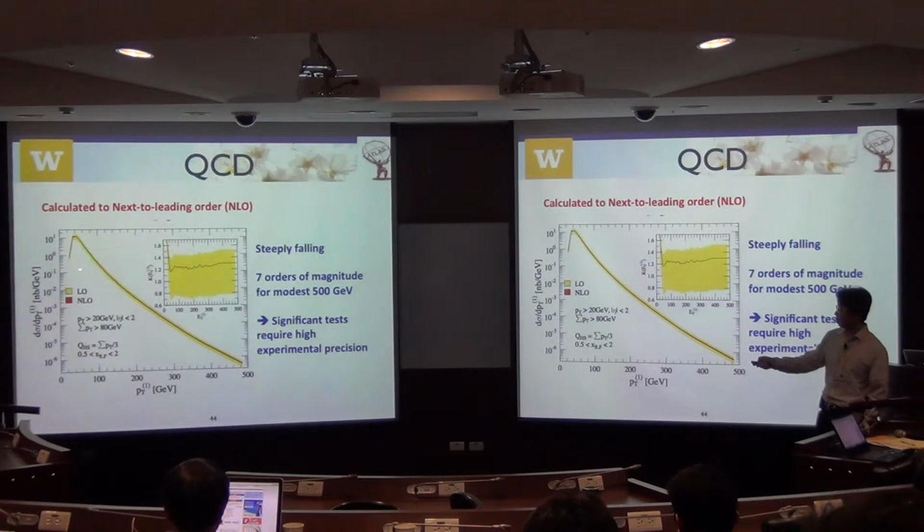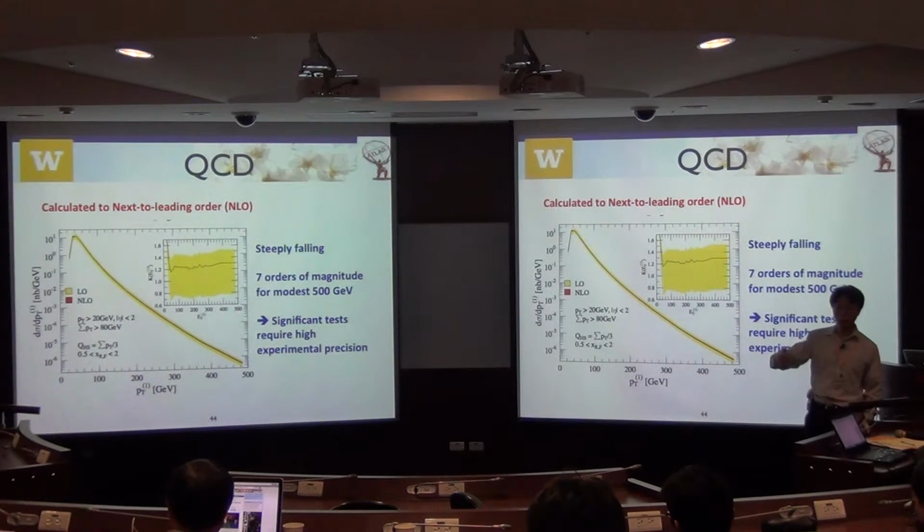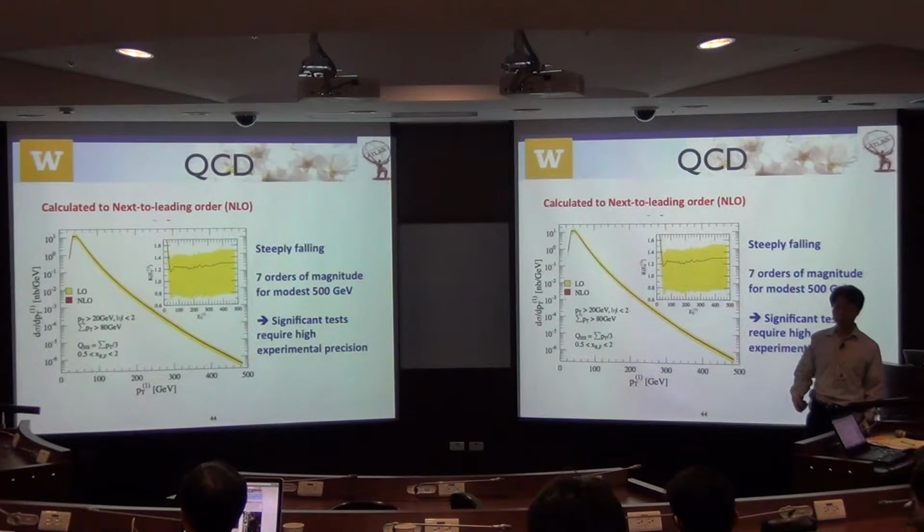So, for example, we can calculate the differential transverse momentum distribution of inclusive jet production. You can calculate the leading order prediction, and theorists also try to apply higher order corrections to these calculations. Then we can compare to our experimental data.